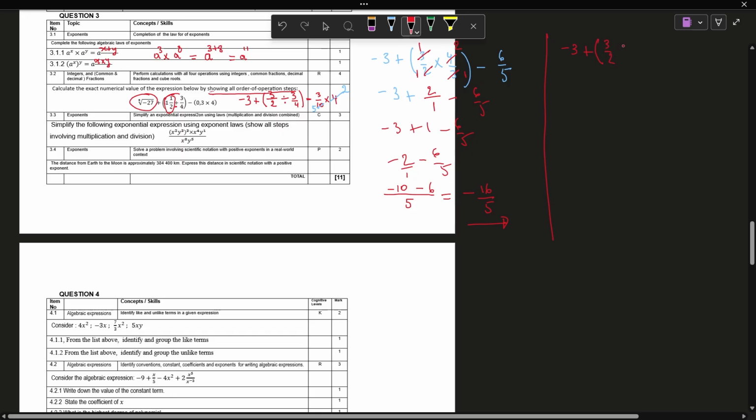And then we can replace the division by times, and we inverse. We inverse the second fraction here, because that's how you divide fractions. So you're going to do 4 over 3. And then you close bracket.